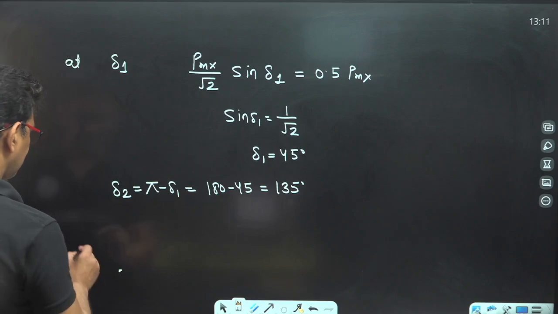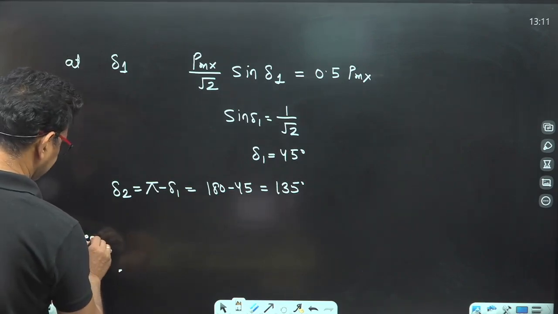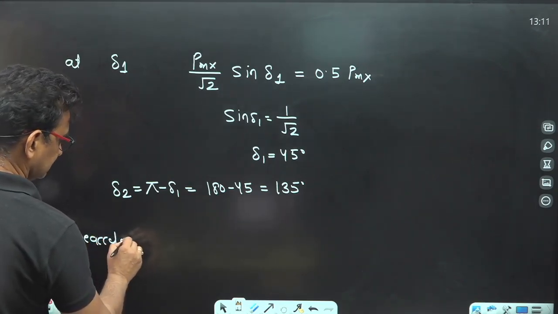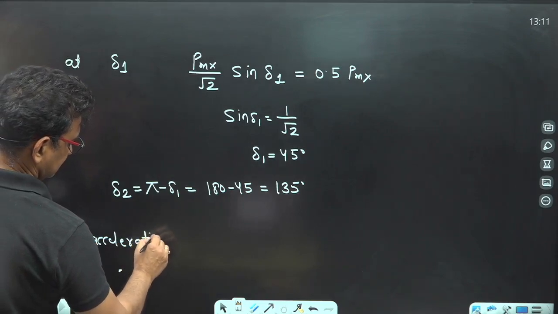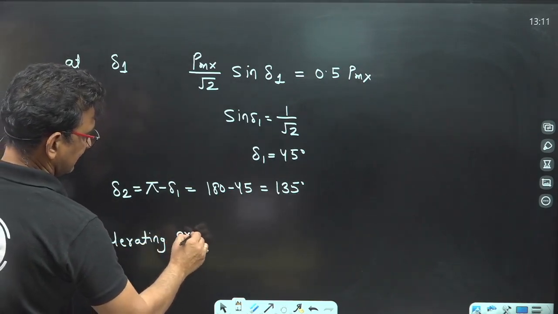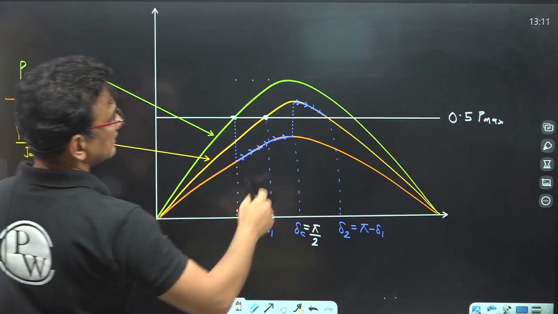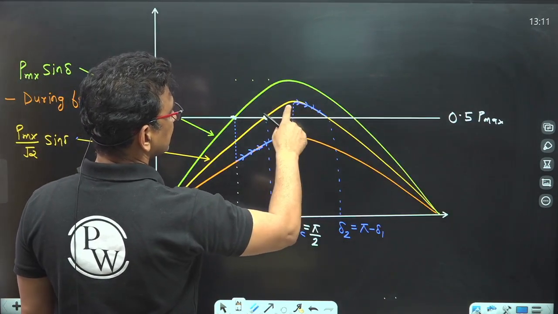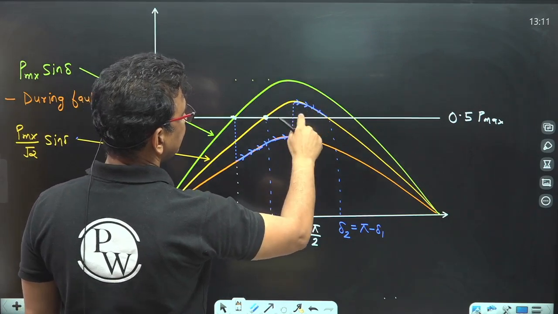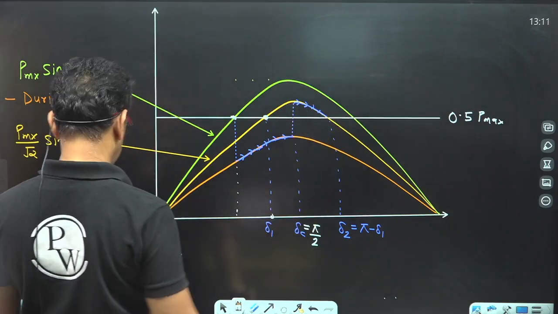Now let's find the decelerating area. See, this is the decelerating area. This is Pmax by root 2 sine delta, and this is 0.5 Pmax.